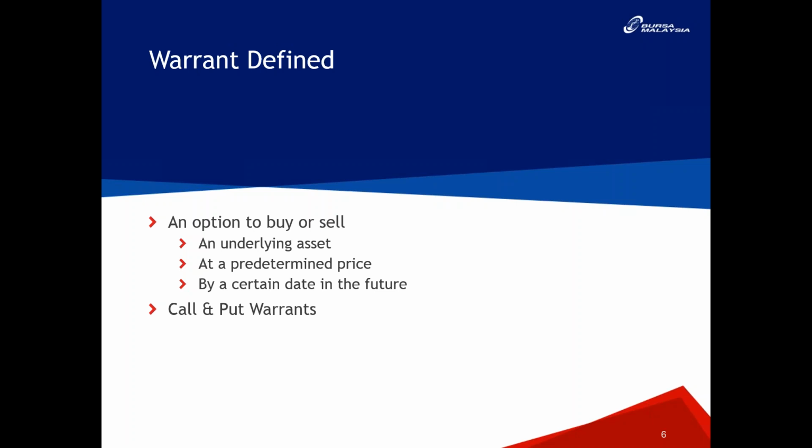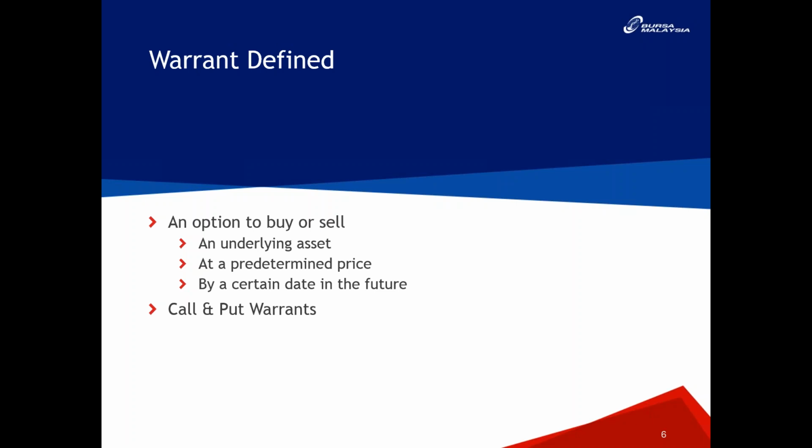There's no obligation at all. If you choose not to buy or sell, that's fine. So it is an option to buy or sell underlying assets at a predetermined price, which is known as the exercise price or the strike price, on or before a future date, known as the expiry date.